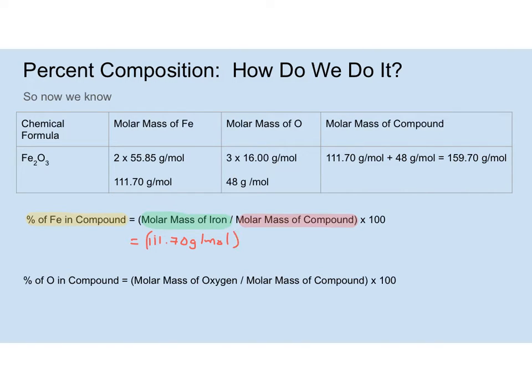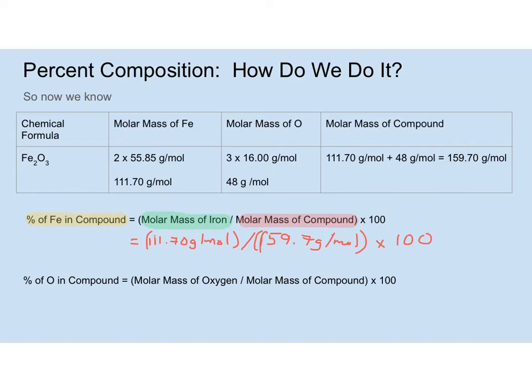So that's the molar mass of iron divided by the molar mass of the entire compound, 159.7 grams per mole. Oops, again, I apologize for my penmanship. It's very difficult to write on these things. Times 100.